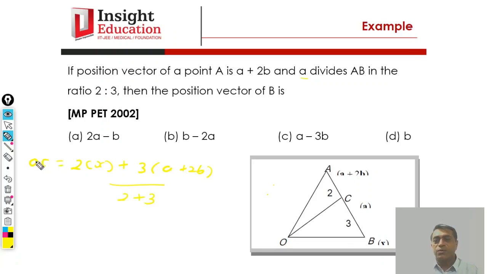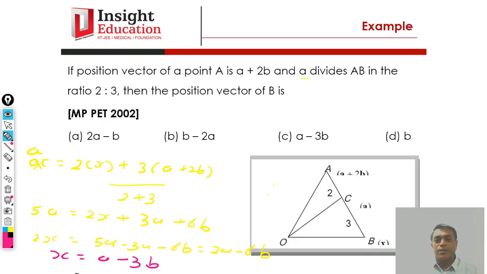So OC is equal to a, so 5a is equal to 2x plus 3a plus 6b. So 2x is equal to 5a minus 3a minus 6b, so I can say 2a minus 6b. So the answer is x is equal to a minus 3b.